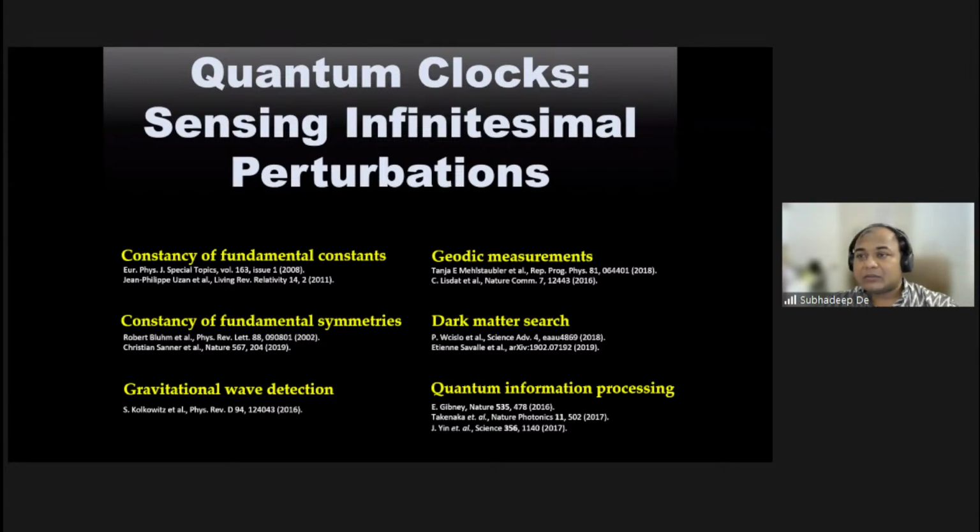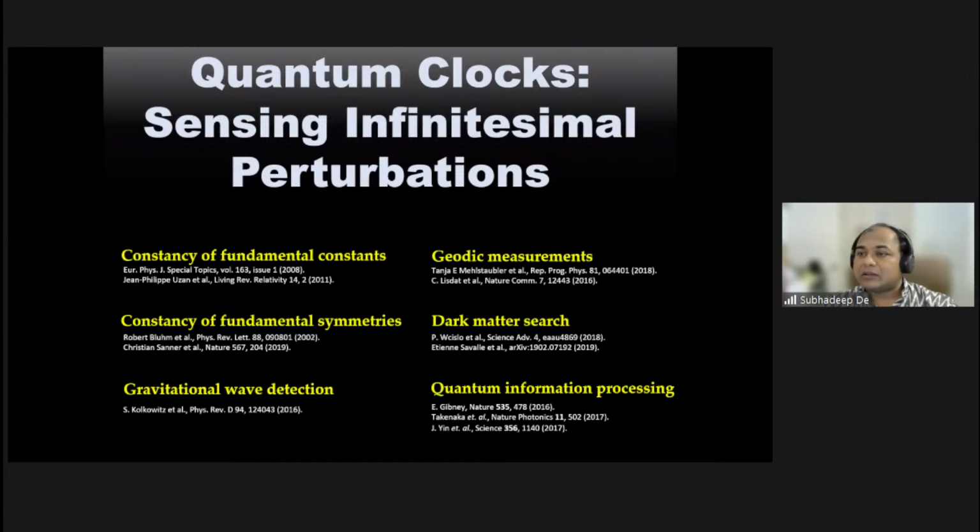Then geodetic measurements, which I already explained in my last talk, so let's not go into detail on that. Also, atomic clocks can measure dark matter indirectly. What do I mean? We know there is dark matter, but there is no direct measurement yet.